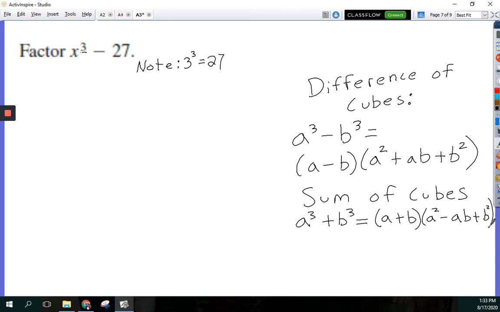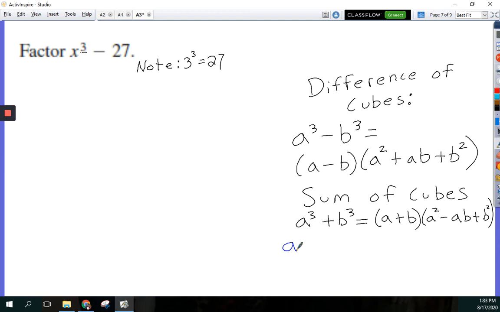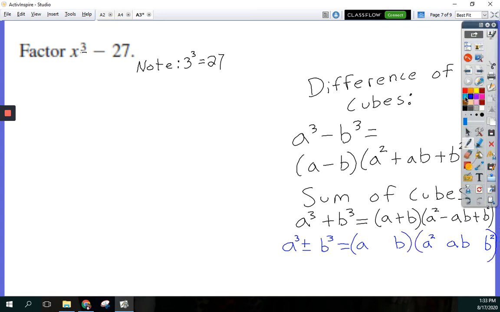Now, hopefully we can see that formula is very similar to the one that we did in our first formula. They both have that a, and it's either a plus or a minus. Both of them are cubed, and it equals a, b, a squared, a, b, b squared. And then if we notice, the only thing that's different are those signs in between.